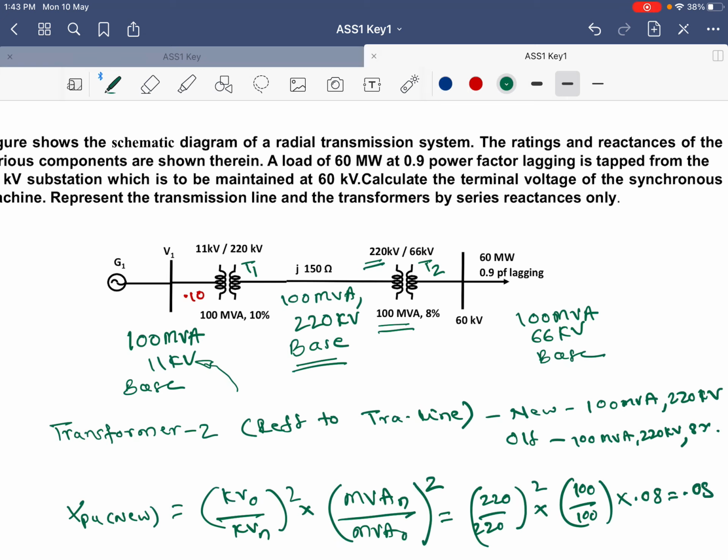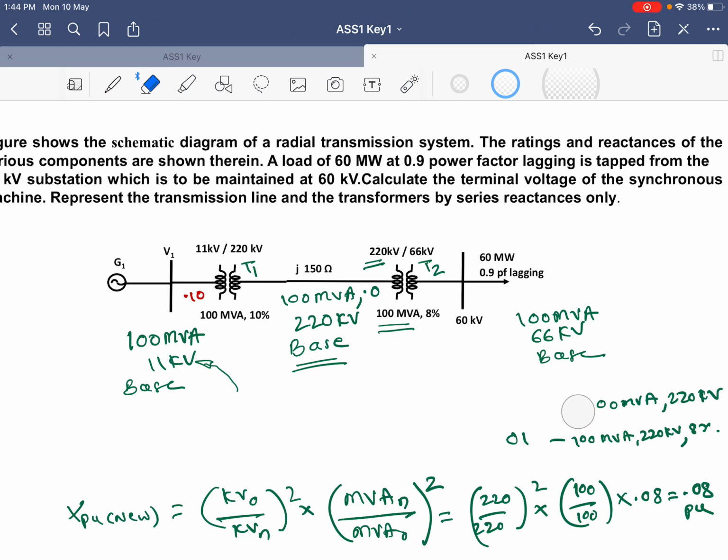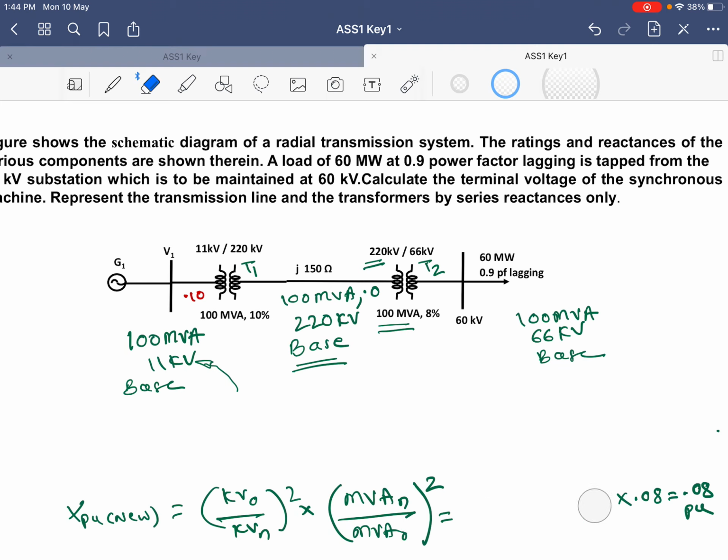What we get is 0.08 as the new per unit value of the transformer T2. Therefore, I am writing here 0.08.